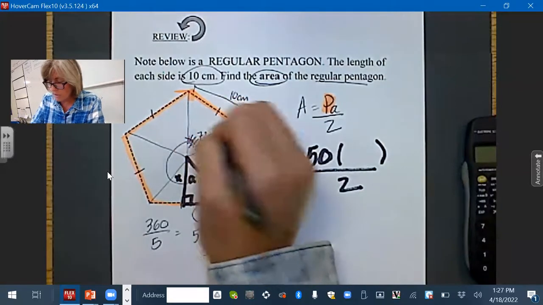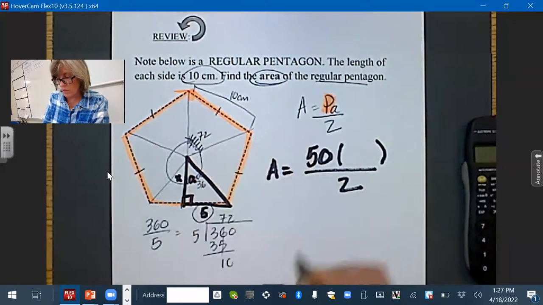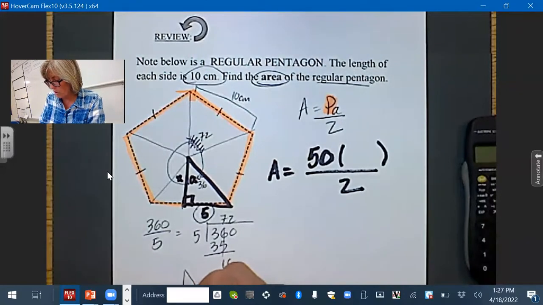So we get this is 72, which means this angle right here is half of 72, 36. Let me pull it down. It's a little bit easier to work with. We have 36. We have 5. We want the apothem. That's what we're missing.